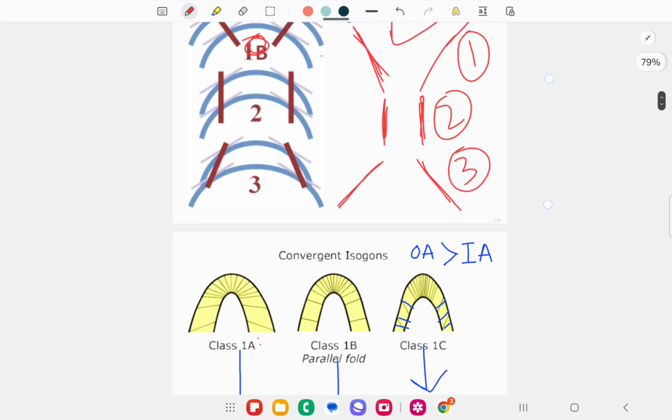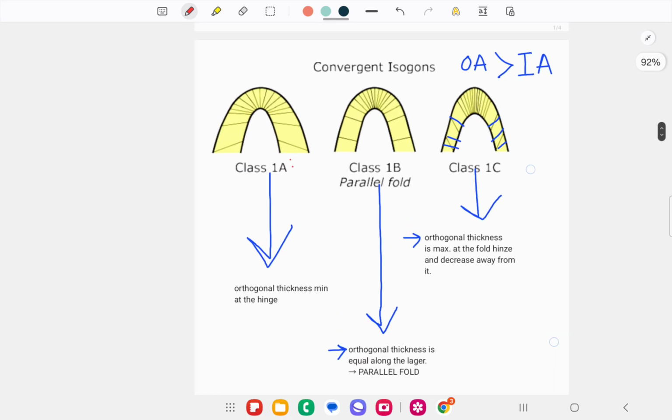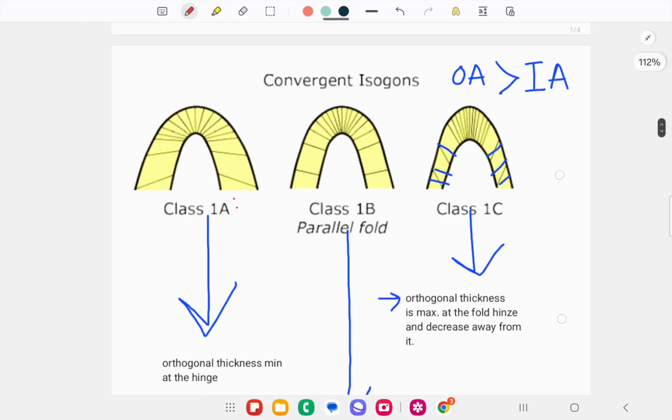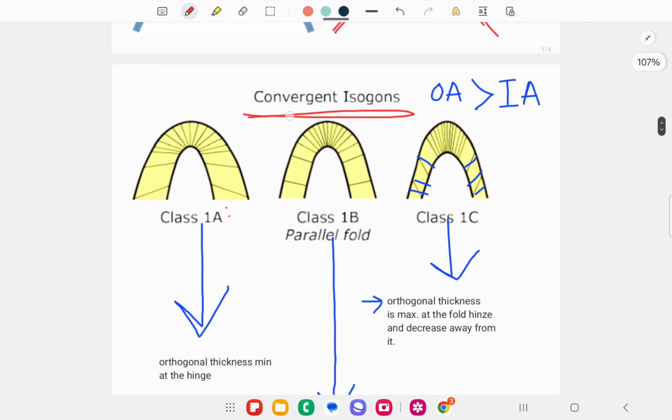Further in detail, in class 1 we have class 1A, class 1B and class 1C. They are convergent isogons. The dip isogons converge towards the core area, and the outer arc is greater than the inner arc.